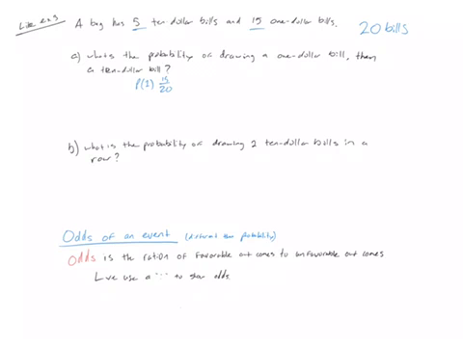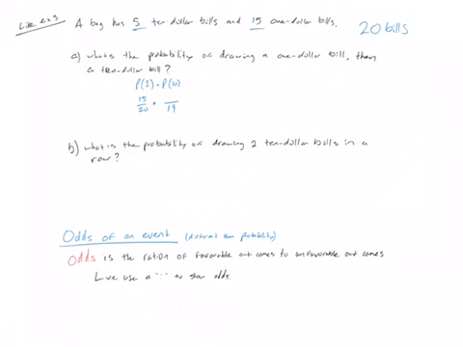Well, to find the probability of both of them happening, I need to take the probability of finding a $1 bill and multiply it by the probability of finding a $10 bill, based on the fact that we've already picked a $1 bill. Remember, now that we've taken one out, we only have 19 bills.